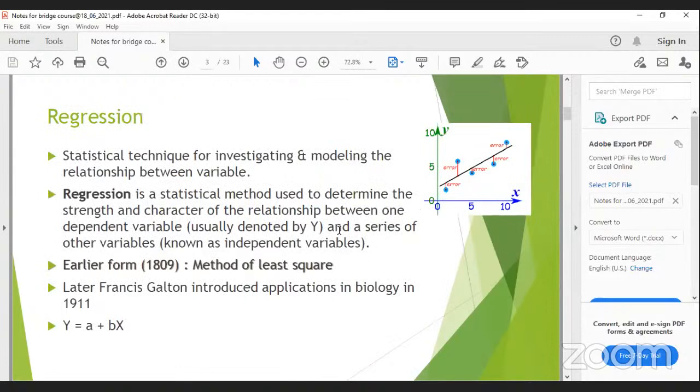Now there is some concept introduced by regression. As I told, regression is a modeling technique. If I have been given one variable, then how can you predict some variable based on the given variable?